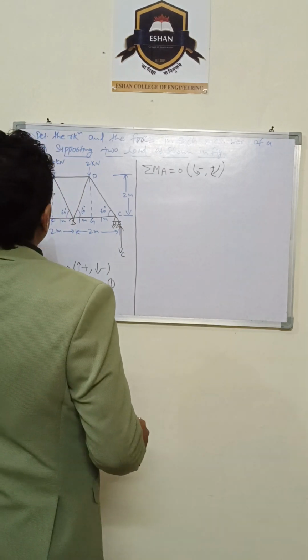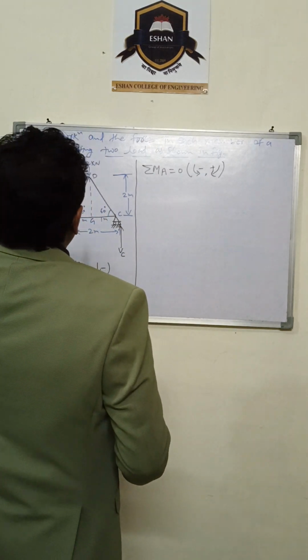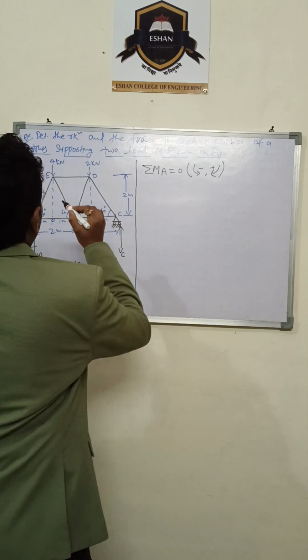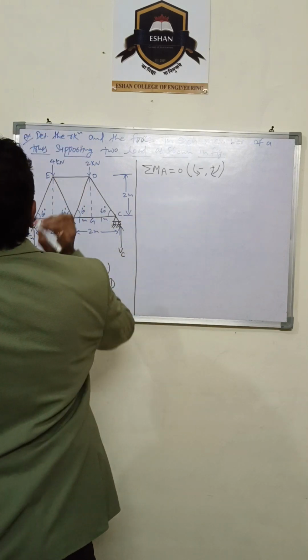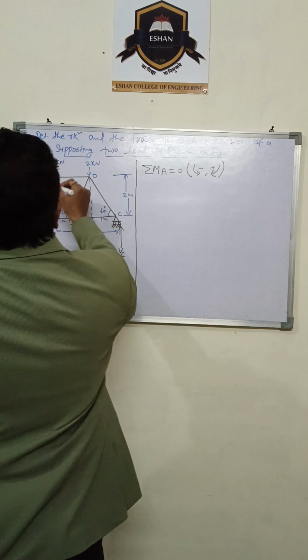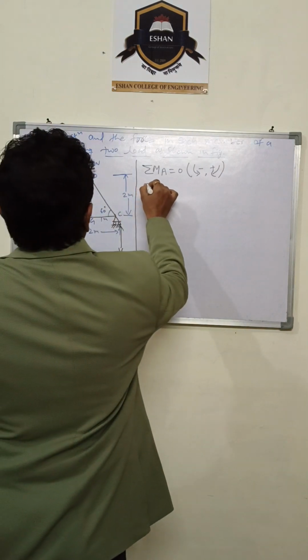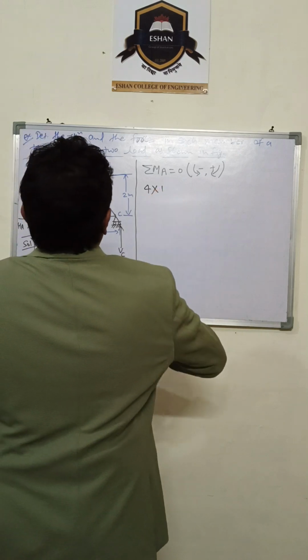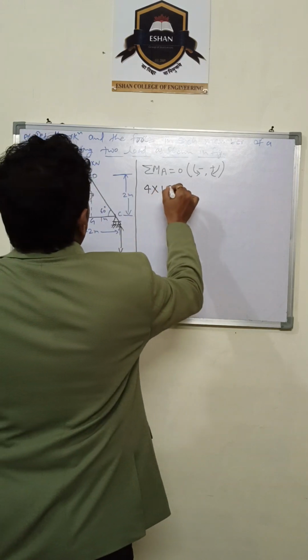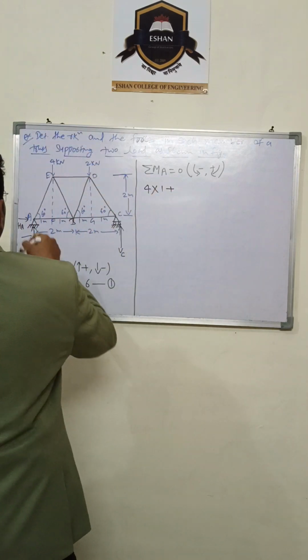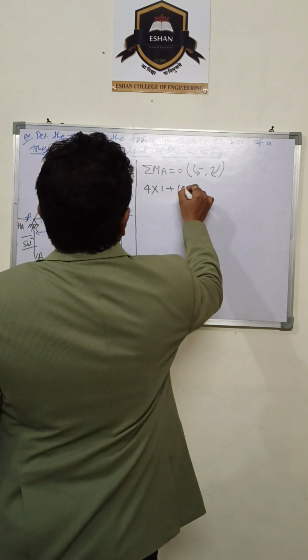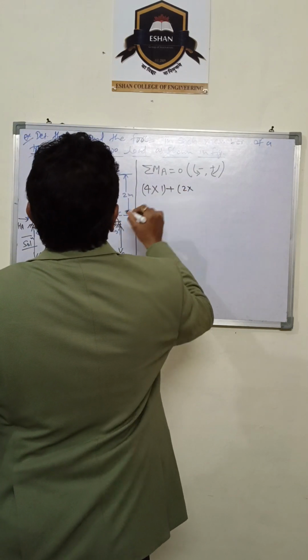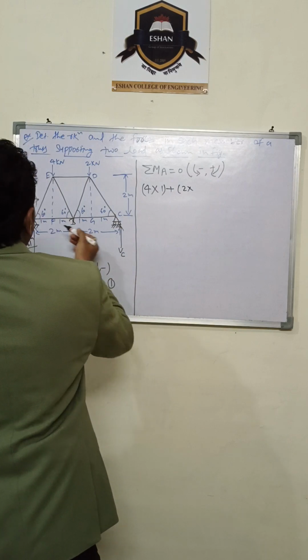So VA into 0, no need to write here. At E point the 4 kilonewton load rotates about A in the clockwise direction, 4 into distance 1. Next, at D point plus 2 also rotates in the clockwise direction, plus 2 into distance 3.